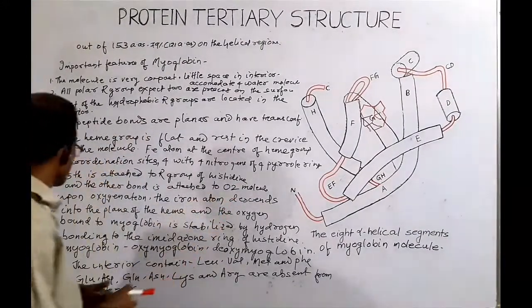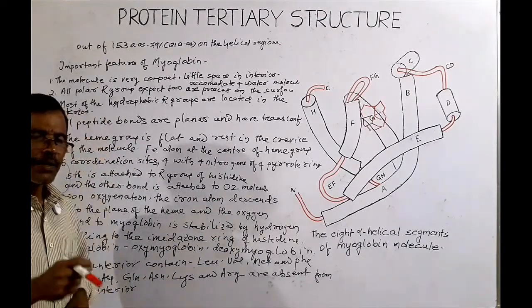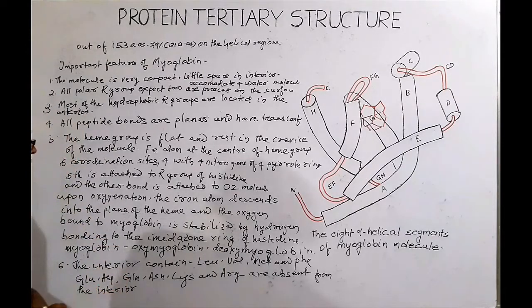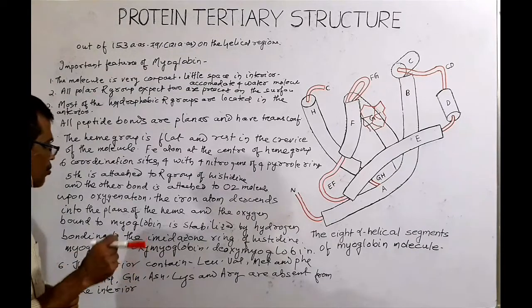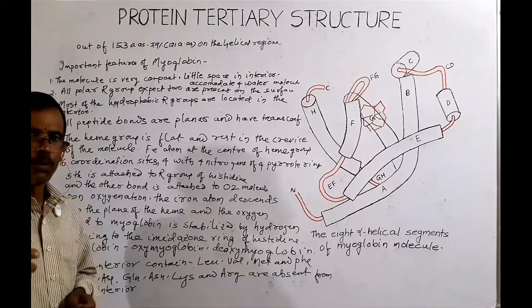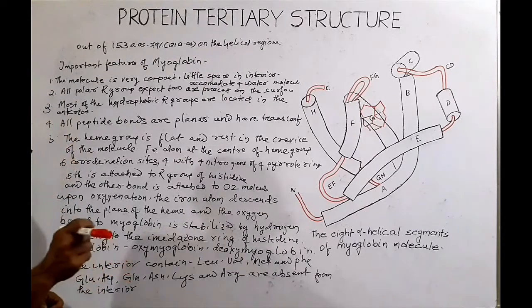and the remaining site is attached to an oxygen molecule. Upon oxygenation, the iron atom descends into the plane of the ring, and the oxygen bound to the heme is stabilized by hydrogen bonding with the imidazole group of a histidine residue.